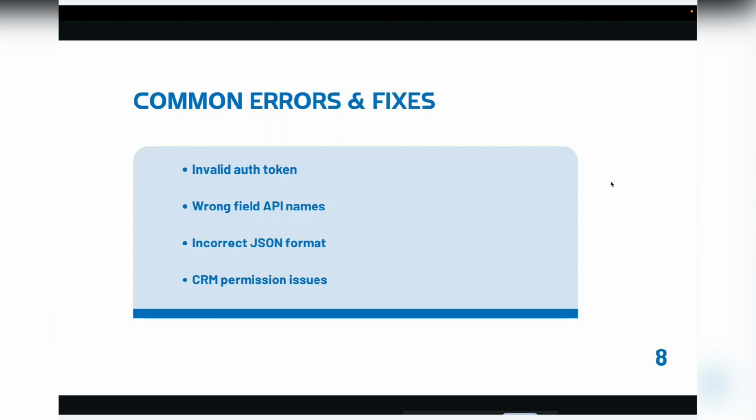And then missing permissions for the connectivity, or the key for the auth tokens and all. So you must pay attention to this many common errors while creating a webhook and making the connectivity.